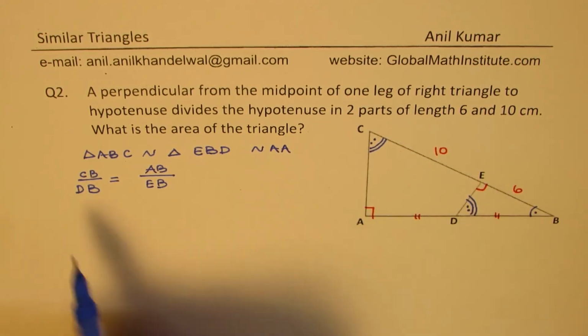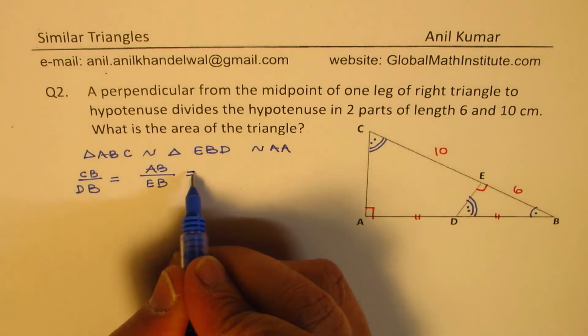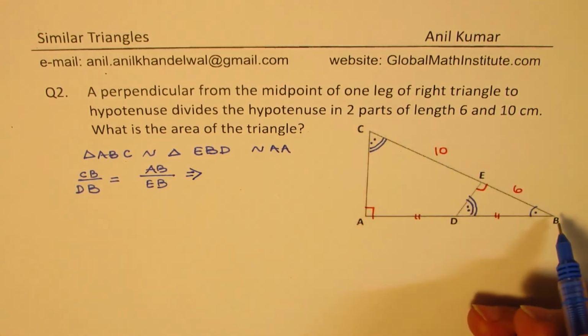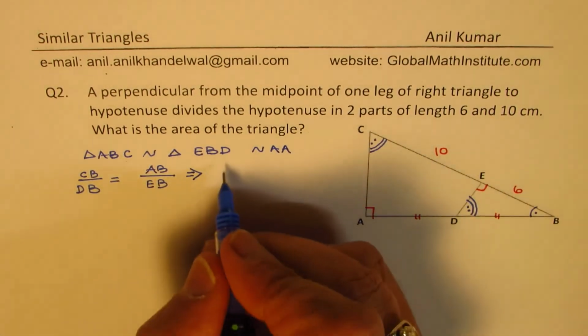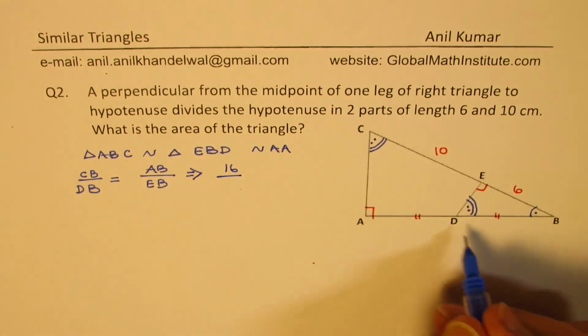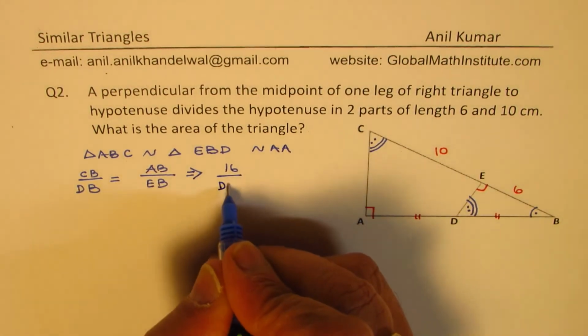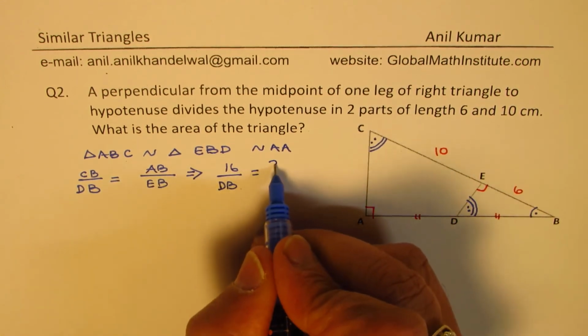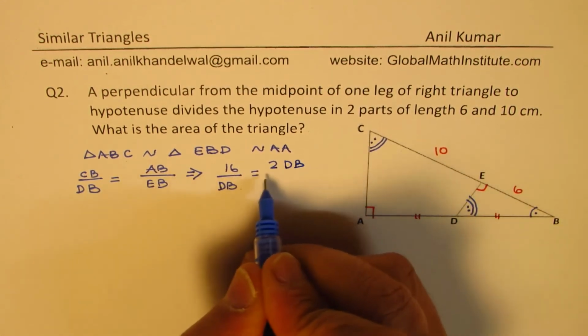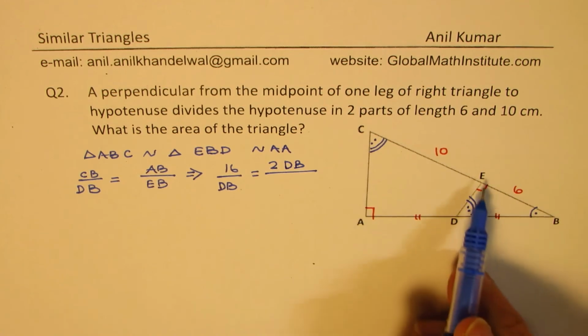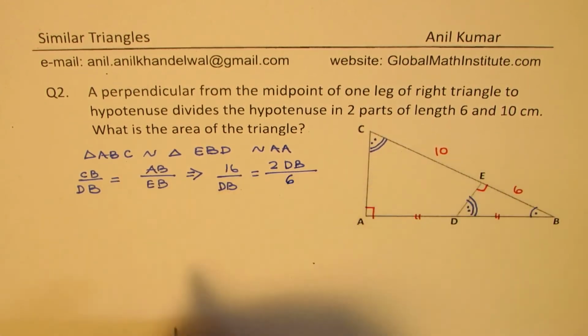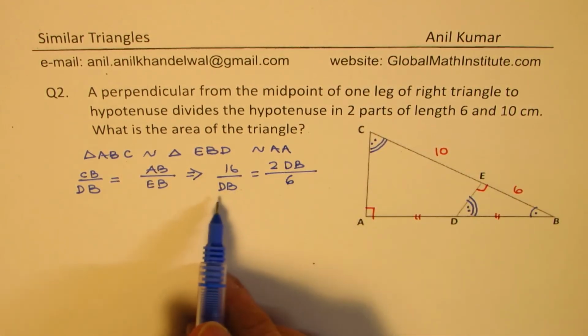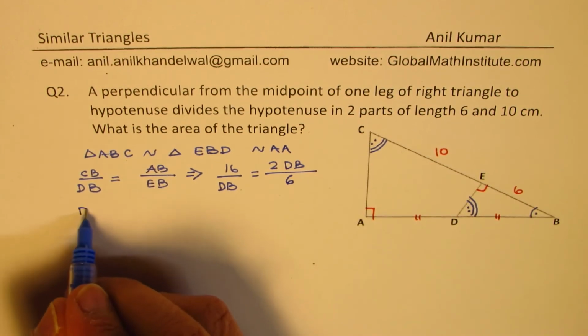Now, we can always substitute these values. CB is 10 plus 6, which is 16. DB, we want to figure out. AB is 2 times DB, right? Since it is double. And EB is 6. So from here, we can cross multiply and find DB.